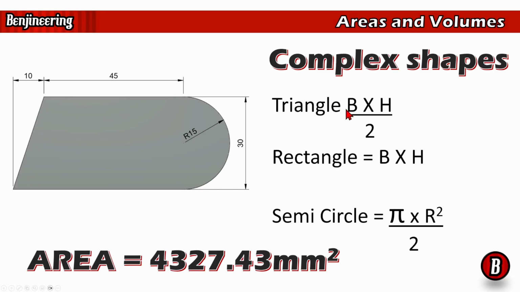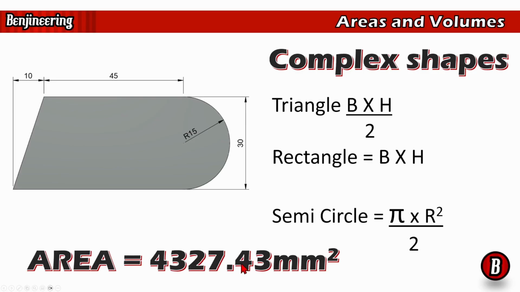So your formula for the triangle should be 10 multiplied by 30 divided by 2. All right. The rectangle should be 45 multiplied by 30. And the semicircle should be pi times 15 squared divided by 2. Okay, so if your number doesn't match this, go back and have a look, and hopefully you'll be able to spot where you went wrong.